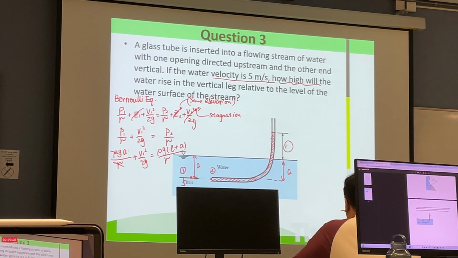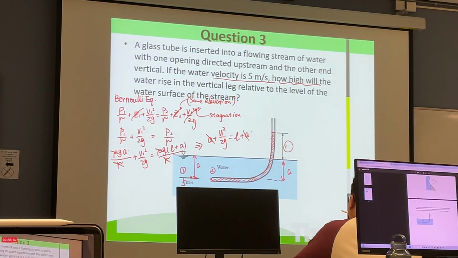Now gamma cancels with rho g, so the remaining is A plus V1 squared over 2g is equal to L plus A. A and A are cancelled.